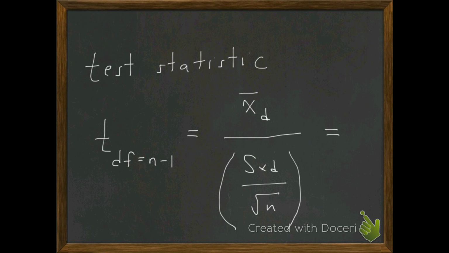So we have some information that we need to find. We need to find the mean for the differences. We need to find the standard deviation for the differences. And we need to find our sample size, which I think we saw was 7.